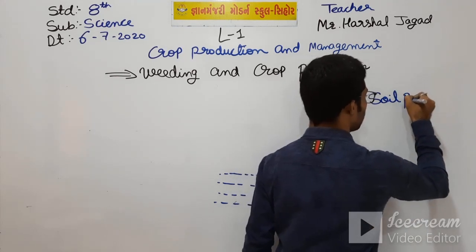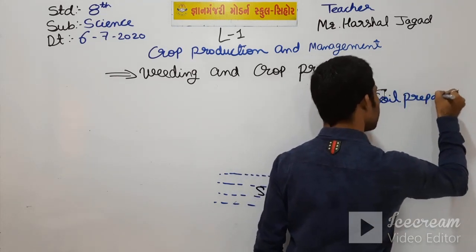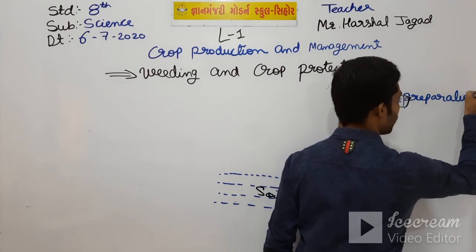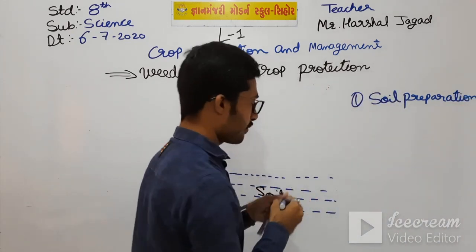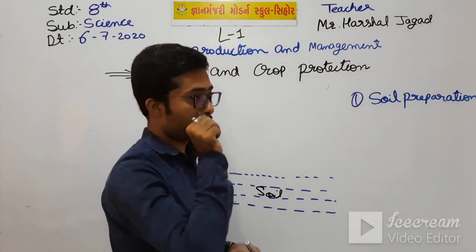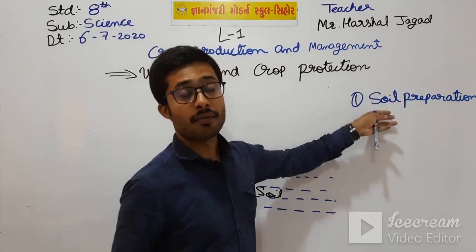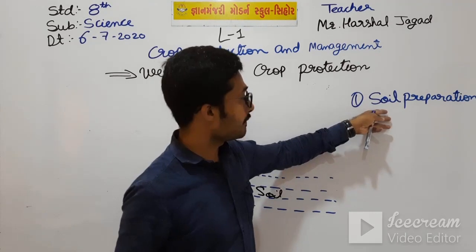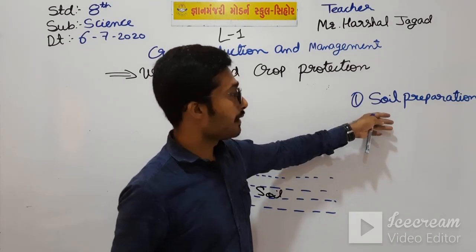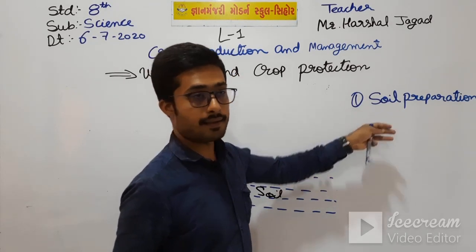Soil preparation, so first the soil is prepared. In that there are three processes. Which three? Ploughing, then leveling and then adding fertilizers.